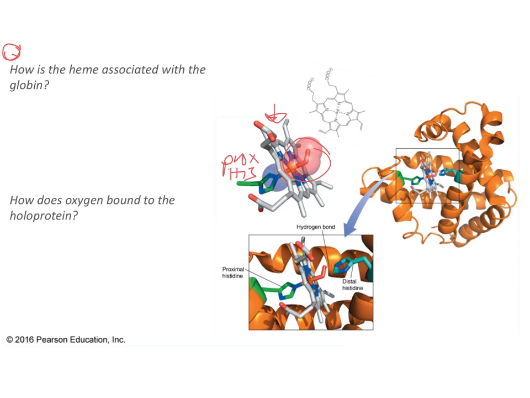So there are two main ways that the heme is associated with the globin. The first way is that this part of the heme is nonpolar. Hopefully you can see it's mostly all CH2s. And this part right here is polar.